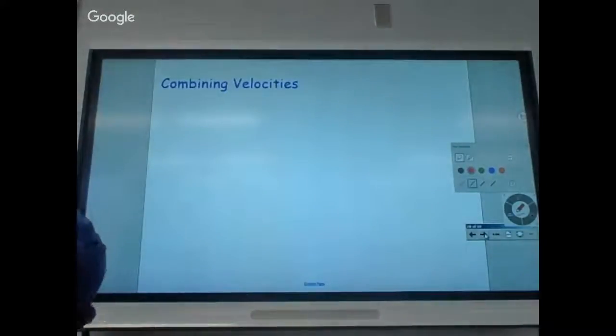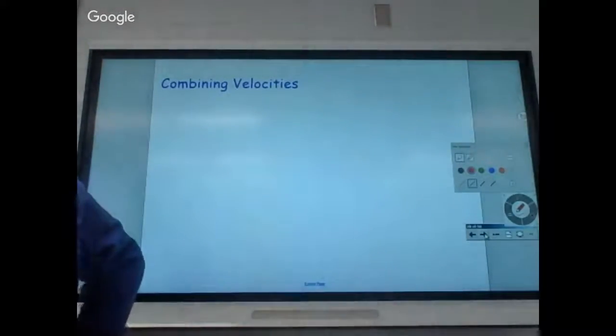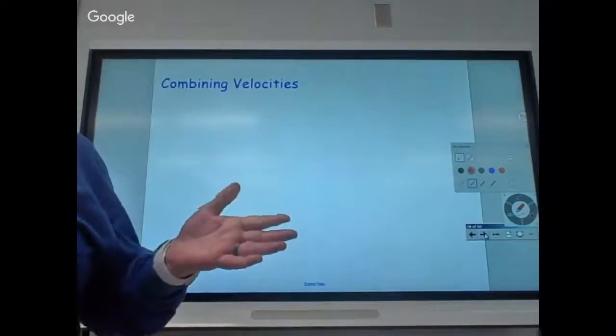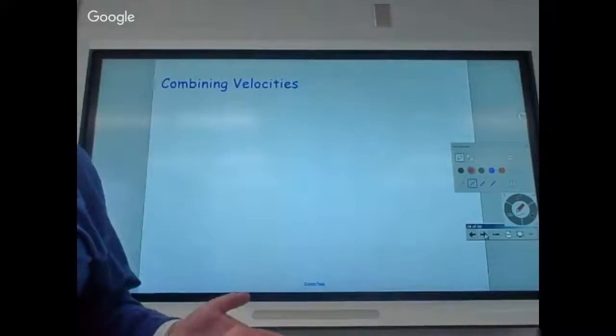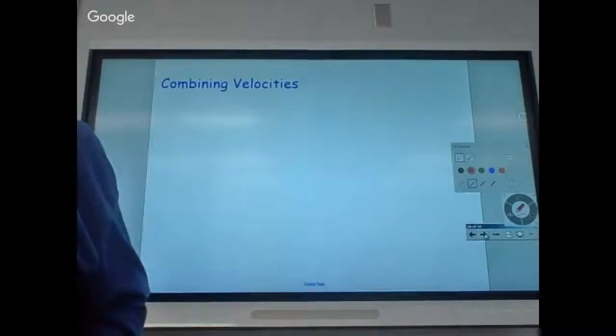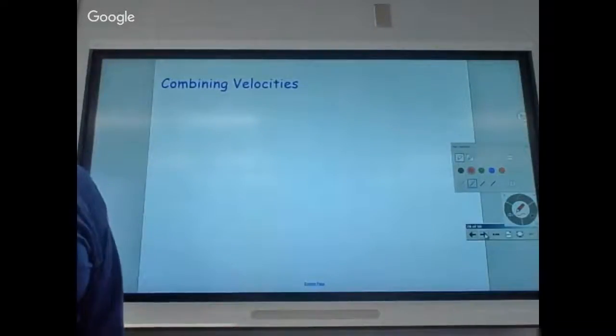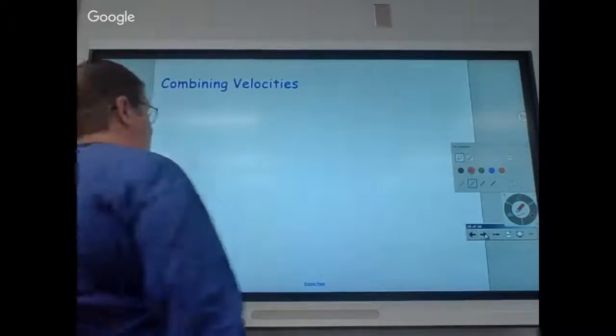All right. So the last thing we need to talk about for velocity, because really, if velocity calculates the same way as speed, are there any new calculations? No, you already know how to calculate everything, except this. It's the only new piece. Combining velocities.